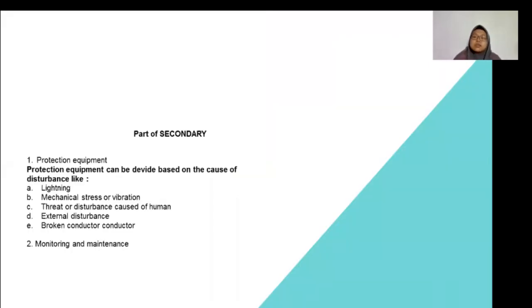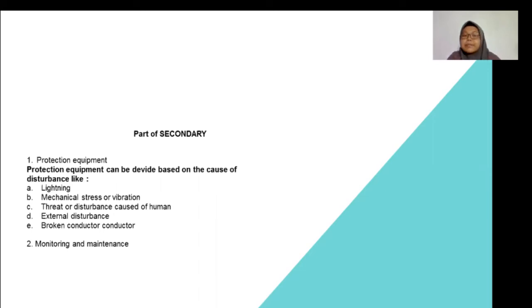Okay, now we will discuss the part of secondary. The part of secondary consists of two. The first is protection equipment and also monitoring and maintenance. But now we will discuss only protection equipment.